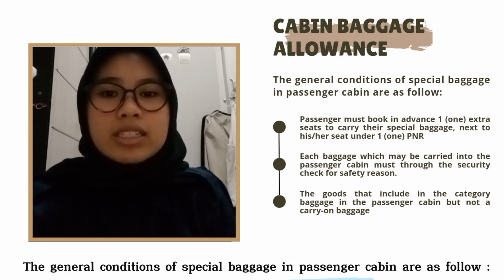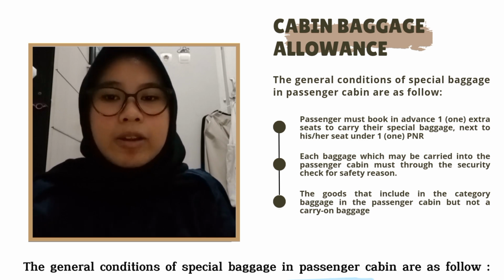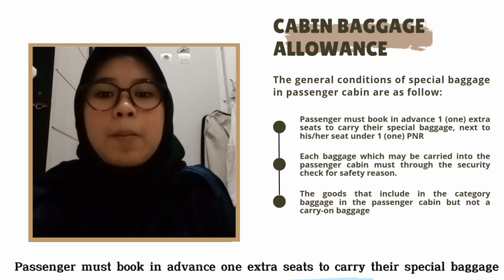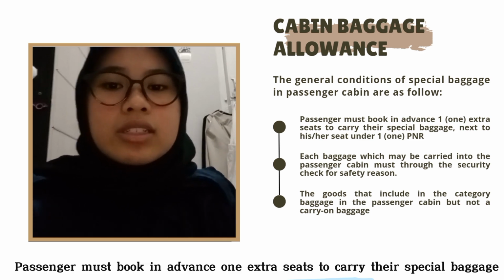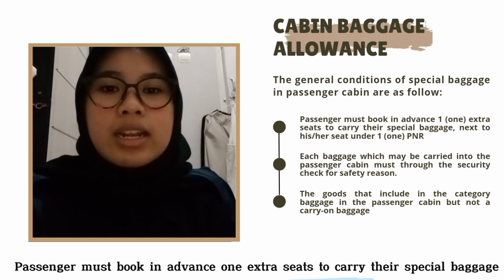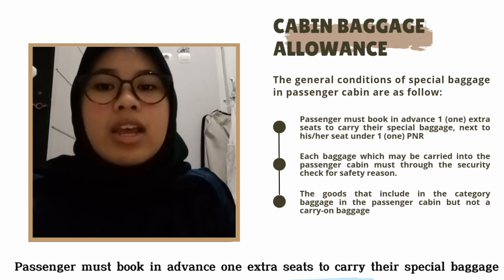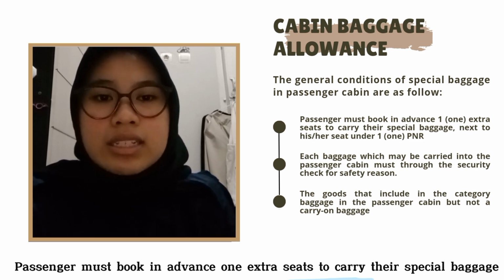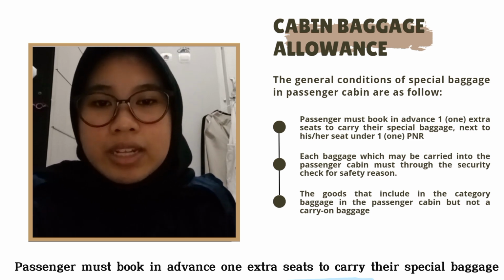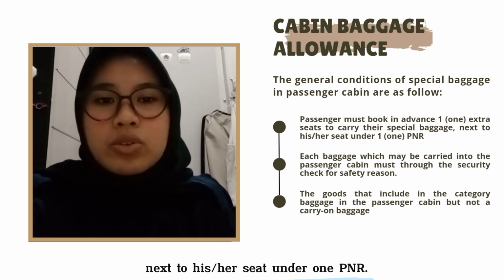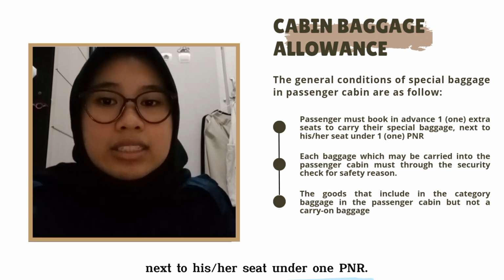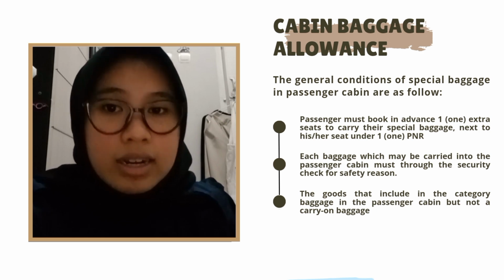The general conditions of special baggage in the passenger cabin are as follows. First, passengers must book in advance one extra seat to carry their special baggage next to his or her seat under one PNR.